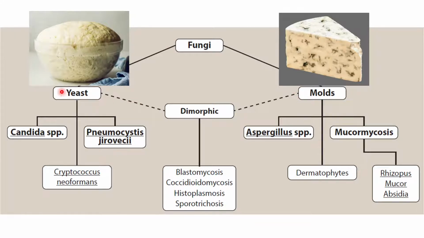But both of these families have pathogenic fungi that include Candida albicans and other species, Pneumocystis jirovecii that is mostly seen in HIV patients, and the molds include the Aspergillus species that is very resistant to most of the anti-fungal drugs, and also mucormycosis.